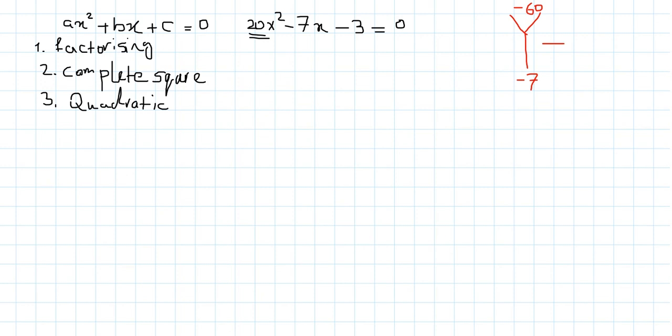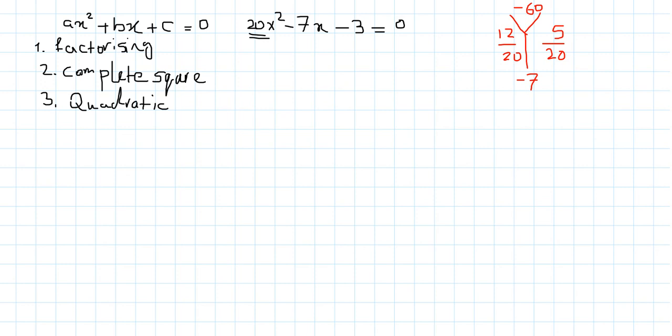Because I have a, I should divide by 20. Okay, so two numbers that make 60 when multiplied by each other, and when added to each other it will be 7. Easily it is 12 and 5.